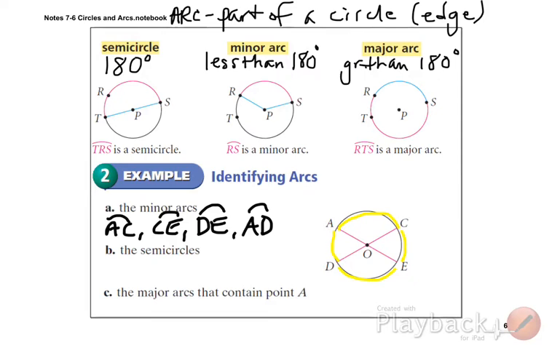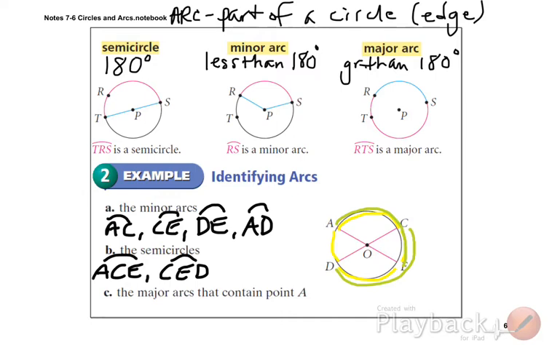Next I'm going to do the semicircles. These are the arcs that are exactly a half circle. If I look at that arc right there, that arc would be a half circle. So that's arc ACE. Notice I have to use that third letter. We also have this arc right there, which is arc CED.